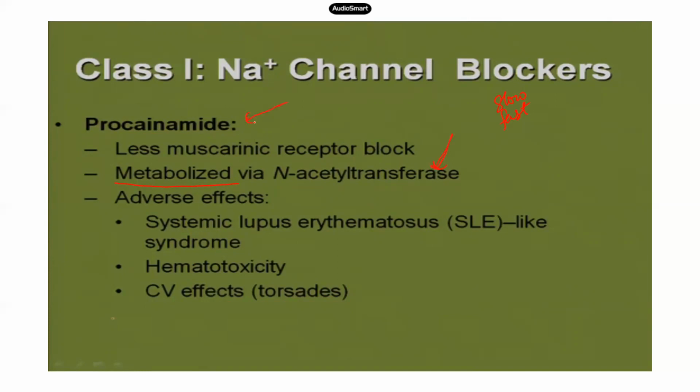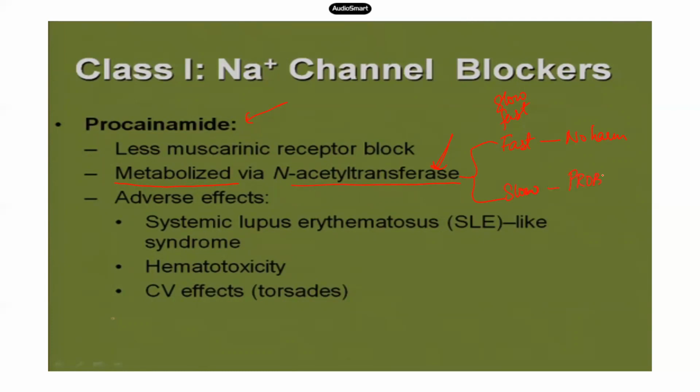There are two types of individuals who metabolize procainamide in a fast way and a slow way. If the patient metabolizes procainamide in a fast way, then there is no harm. But if the patient metabolizes procainamide slowly through acetyl transferase, that means we'll have a problem.